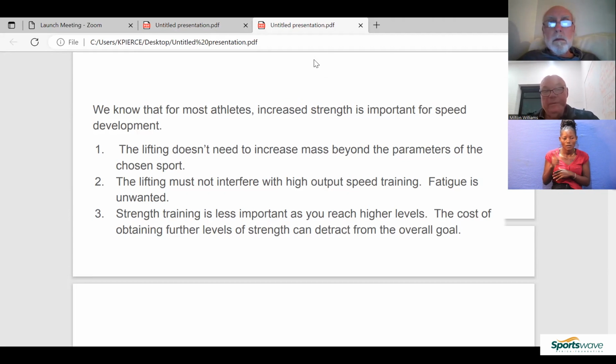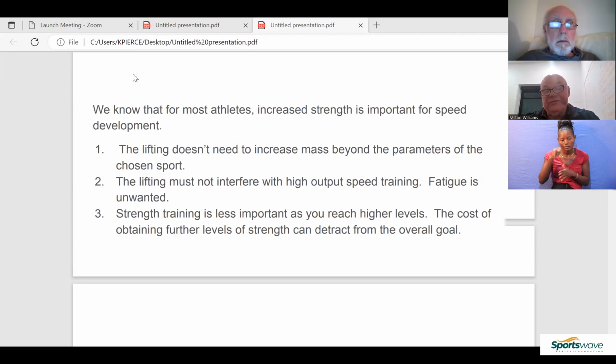So for example, I've actually had sprinters that had a tremendous ability to develop large muscles, but I had to limit the amount of hypertrophy that we did, even some exercises. I've had athletes that I took off the bench press. They were getting too big for that event.